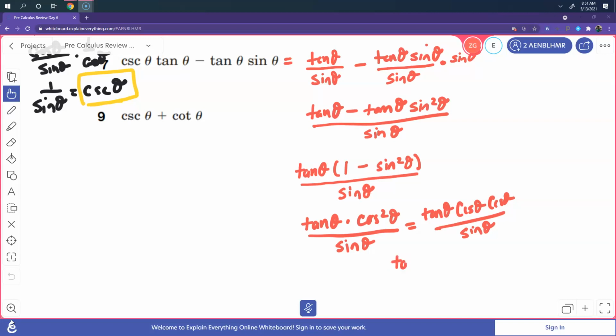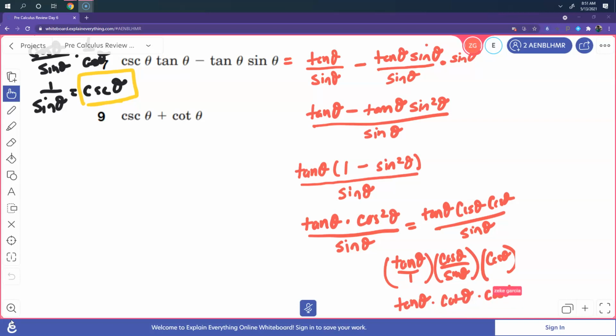You have tangent theta over 1, times cosine theta over sine theta, and we're left with cosine theta. Cosine theta over sine theta is cotangent, so it's tangent theta times cotangent theta times cosine theta. Well, guess what? Tangent theta and cotangent theta are 1 because they're reciprocals, so you're left with cosine theta.